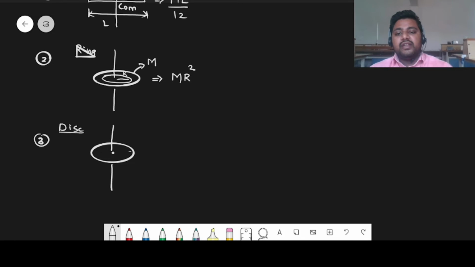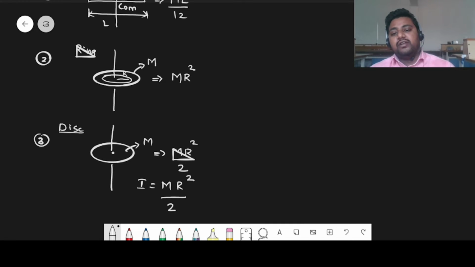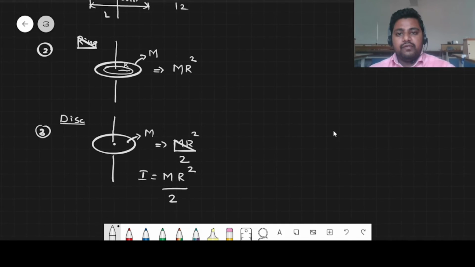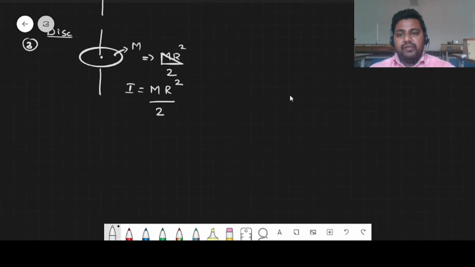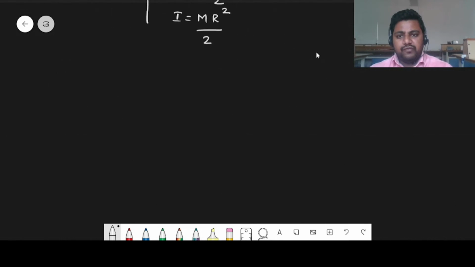Now for this disk, let's say it has mass m, the moment of inertia of this disk is given as mr square divided by 2. That is the general formula for the moment of inertia of a disk, that is I is equal to mr square divided by 2. Now we will come to this once we have finished the theorems of moment of inertia.